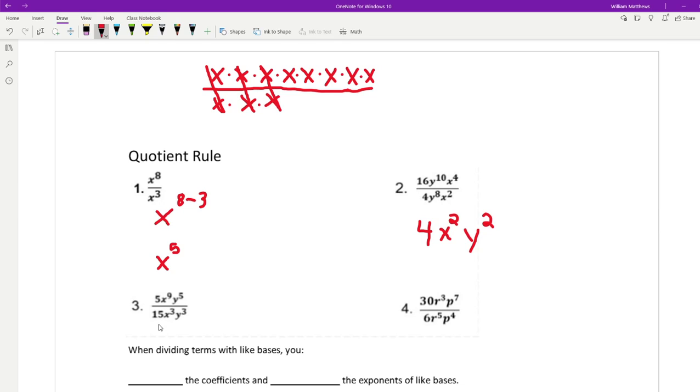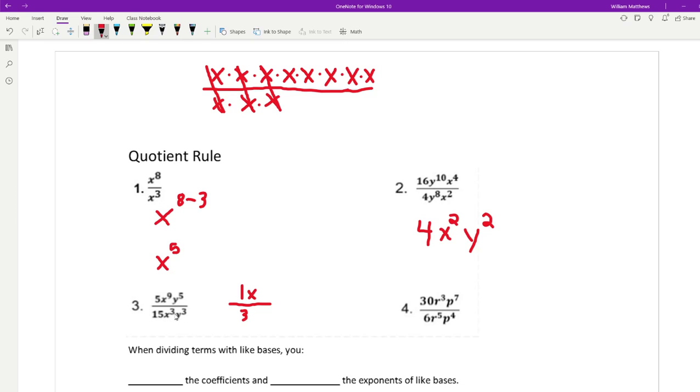When we divide a coefficient, in this case, it will simplify to be 1 over 3. 5 over 15 is simplified to be 1 over 3. When we subtract, it is actually moving up to the top side. We're keeping the values to the top.